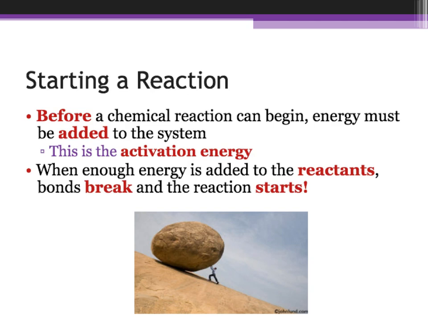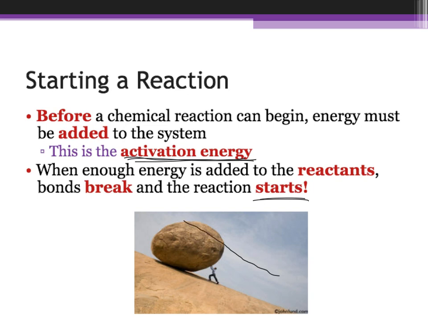Before a chemical reaction can begin, you have to add energy to the system. This is called activation energy. You're activating it, you're starting it up. When enough energy is added to the reactants, bonds are going to break and the reaction is going to start. You can think of activation energy as going up a hill, what needs to be put in.